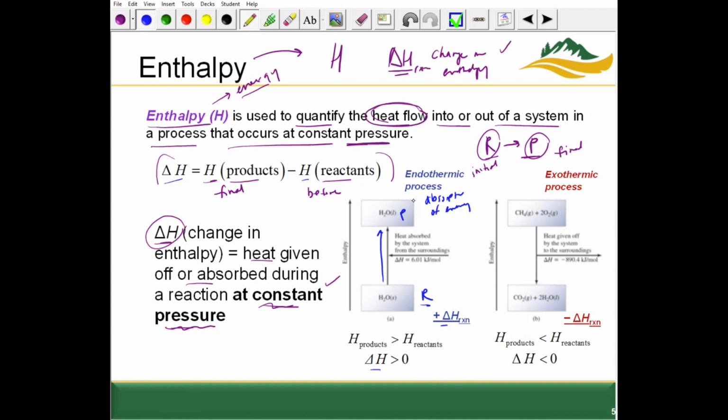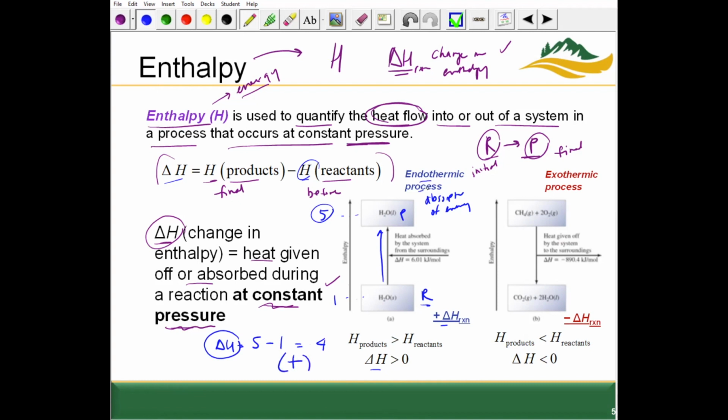So if we're finding delta H for an endothermic process, let's say arbitrarily the enthalpy was maybe 1 and then 5 for the reactants and then for the products respectively. Delta H, the change in enthalpy, is the enthalpy of the products, so a larger number, minus the enthalpy of the reactants, so a smaller number. That means that always for an endothermic process, the sign of delta H is going to be positive.